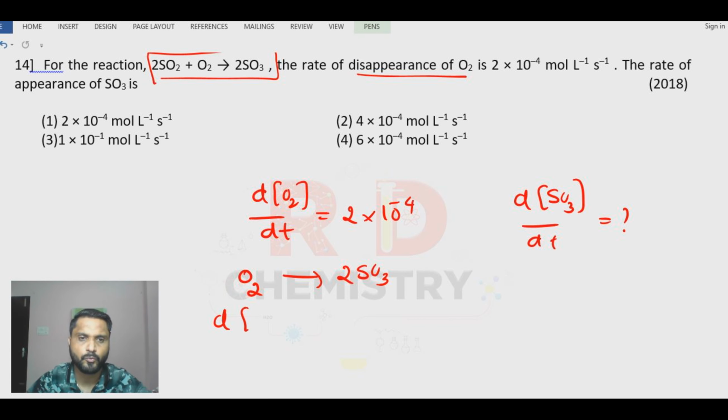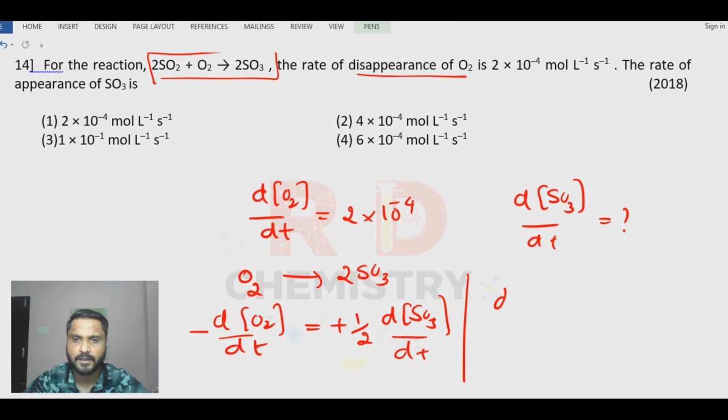So d[O2]/dt, and this is disappearing so minus, is equal to plus 1 by 2 d[SO3]/dt. Correct? Therefore d[SO3]/dt, the rate of appearance of sulfur trioxide, is equal to 2 times the rate of disappearance of O2.